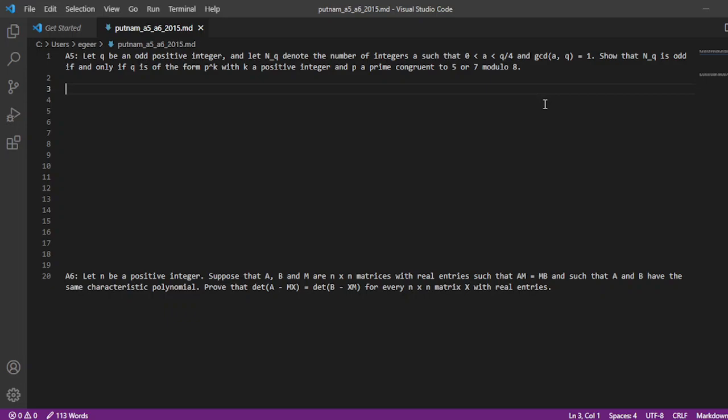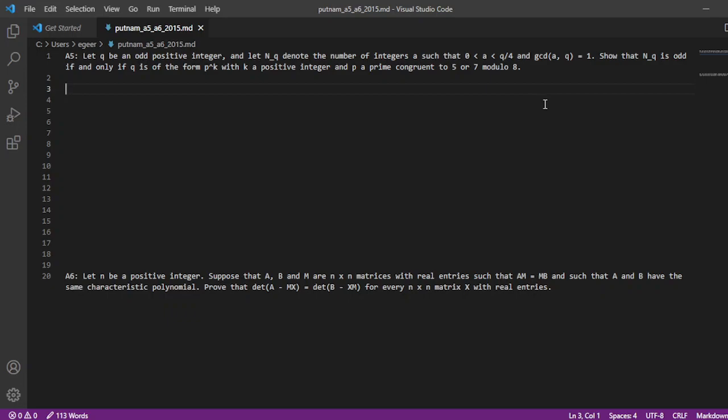Alright, so how can we count these? My first idea is to get some kind of symmetry relation in the group, that certain numbers of coprime integers should be the same. For instance, I can have a map which maps x to q minus x. Basically if x is coprime to q, then q minus x is also going to be coprime to q, and vice versa.